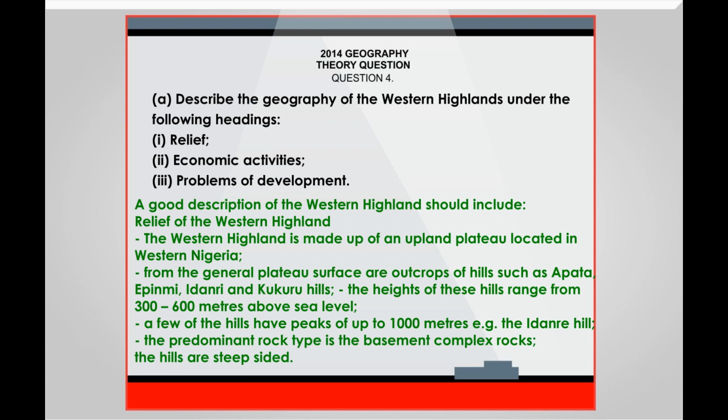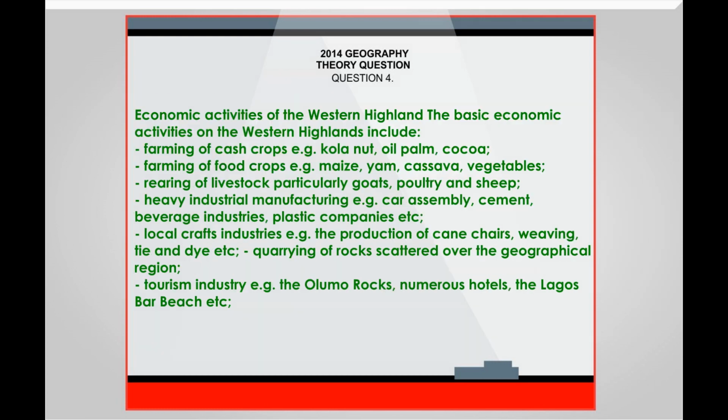The height of these hills ranges from 300 to 600 meters above sea level. A few of the hills have peaks of up to 1,000 meters, for example, the Indare Hills. The predominant rock type is the basement complex rocks. The hills are steep-sided.